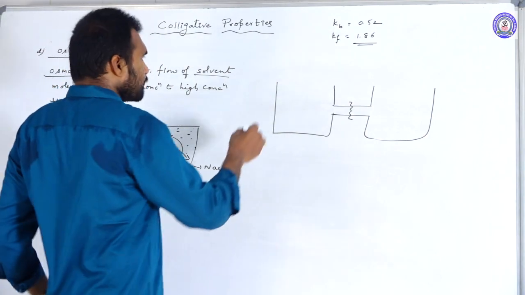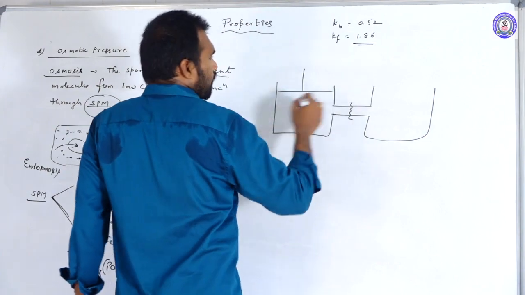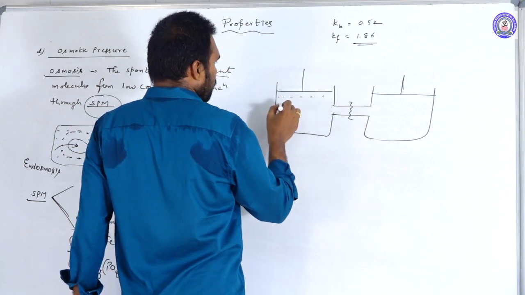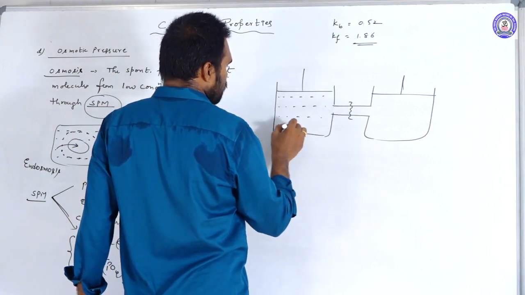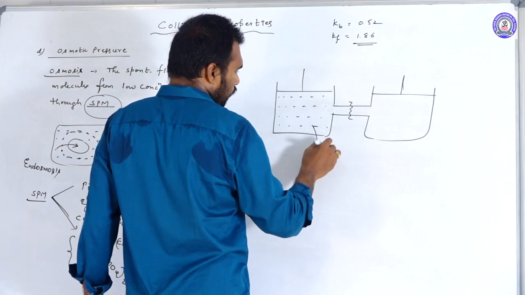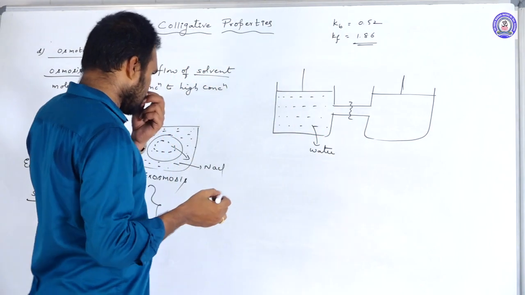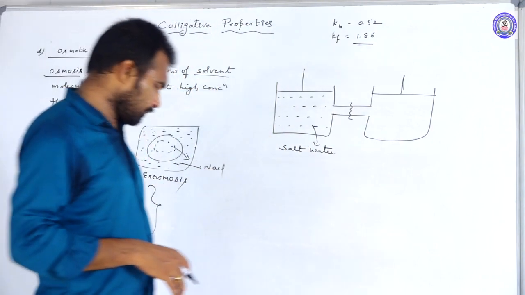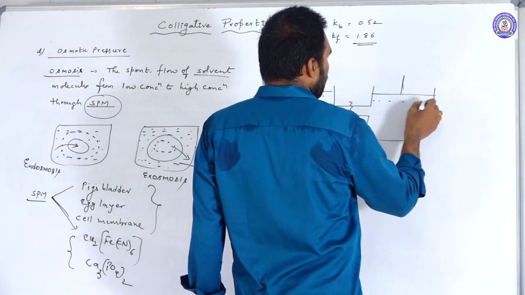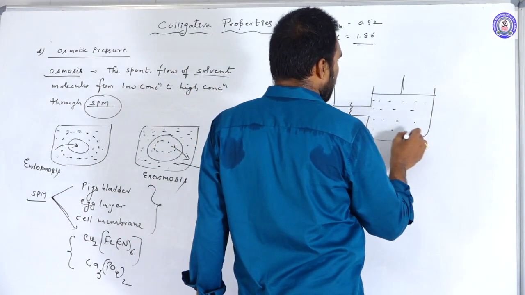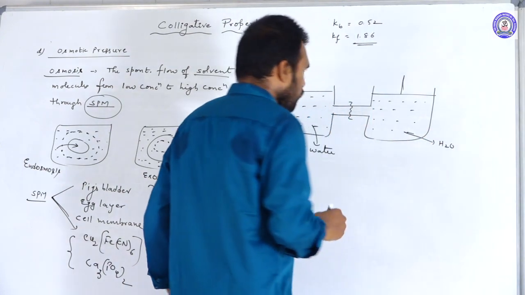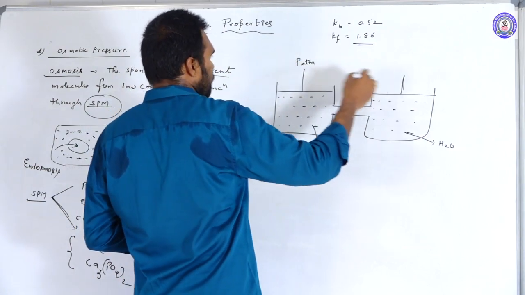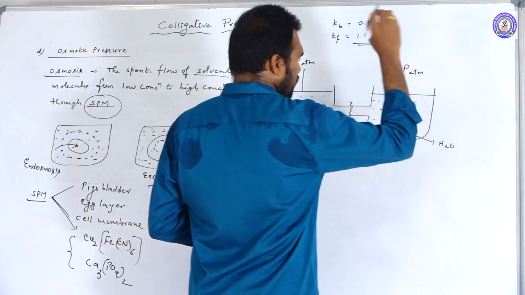One vessel I filled with salt water and the other vessel with pure solvent, water. Both are open vessels, so the pressure is atmospheric pressure on both sides.